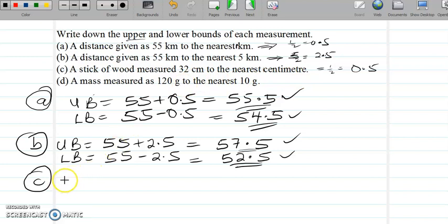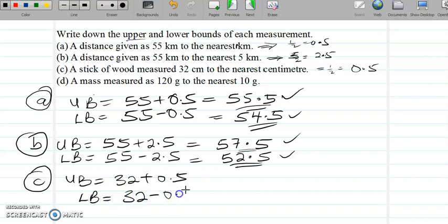So to find the upper bound, we have 32 plus 0.5, and the lower bound is 32 minus 0.5. So 32 plus 0.5 gives us 32.5, and 32 minus 0.5 gives us 31.5. So this is the upper bound and this is the lower bound.